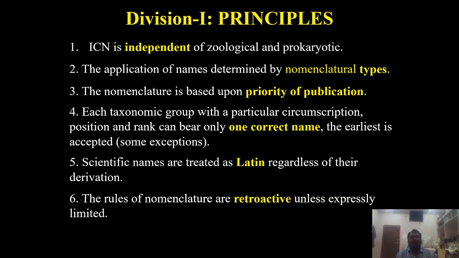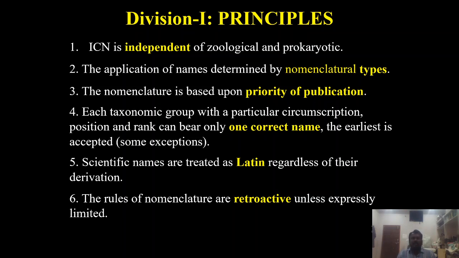Now coming to Division 1, the principles. There are 6 major principles of the International Code of Nomenclature. The first principle is that the International Code of Nomenclature is independent of zoological and prokaryotic nomenclature.